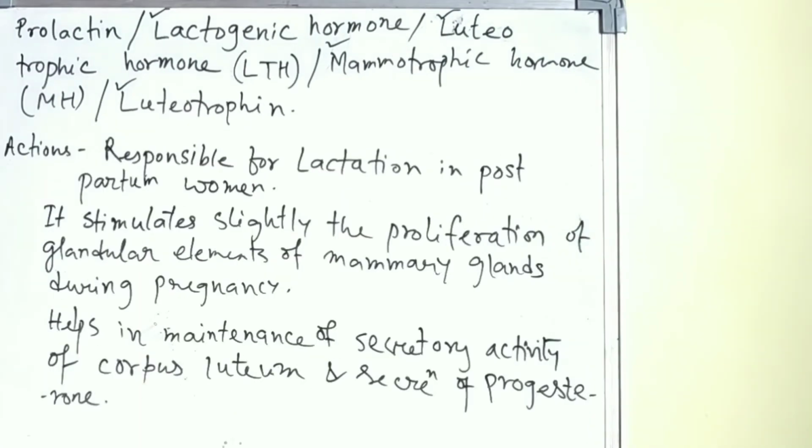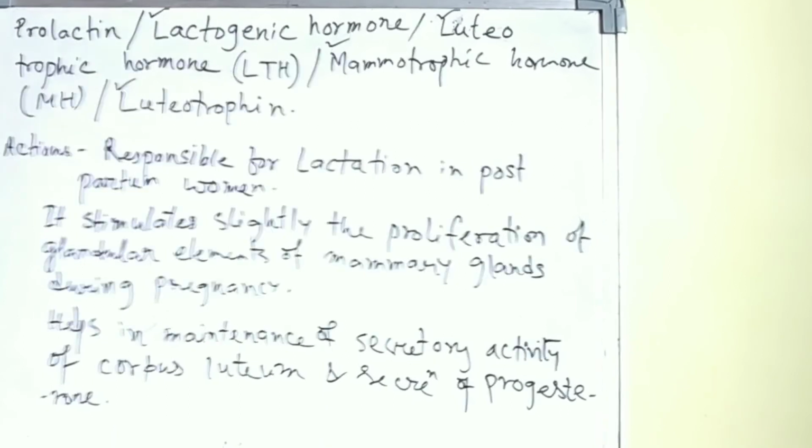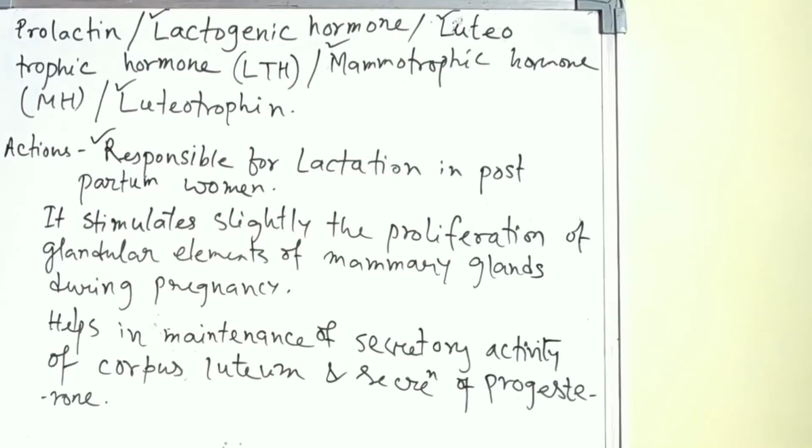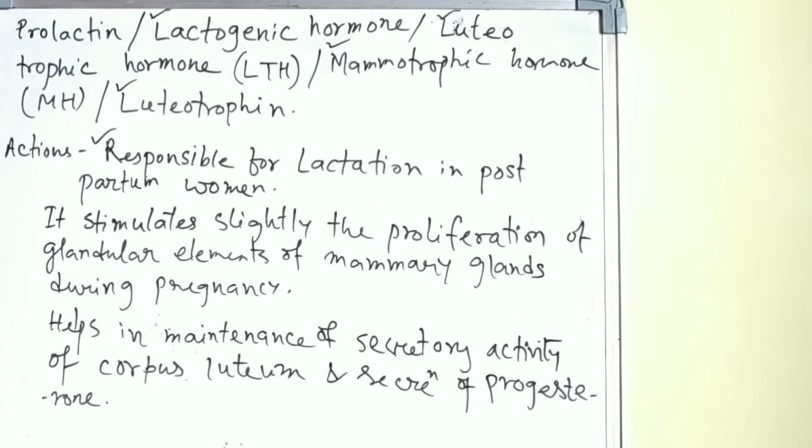Moving to the actions of prolactin. Number 1, it is responsible for lactation in the postpartum woman, that is after delivery. It helps in the production of milk in the mammary gland.